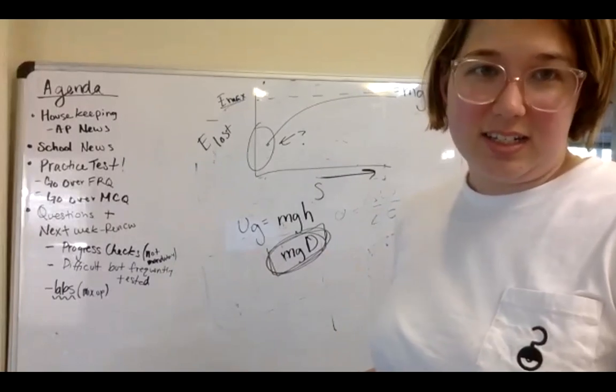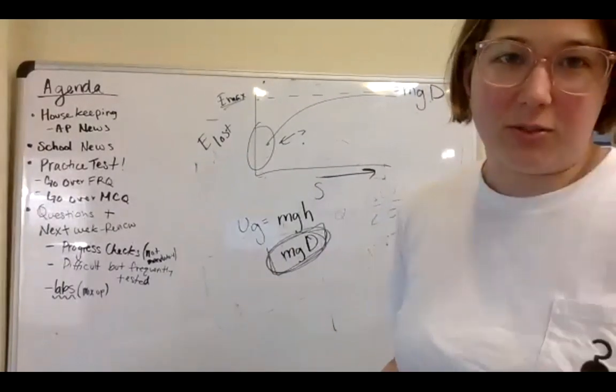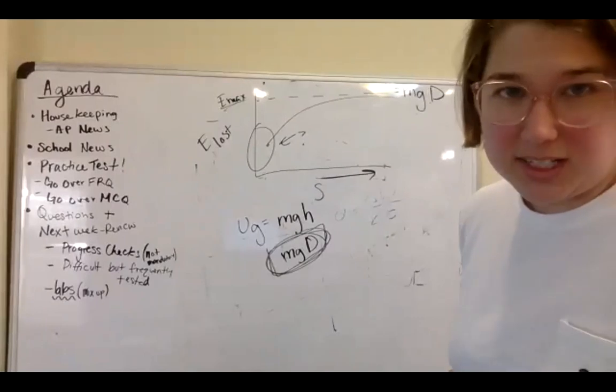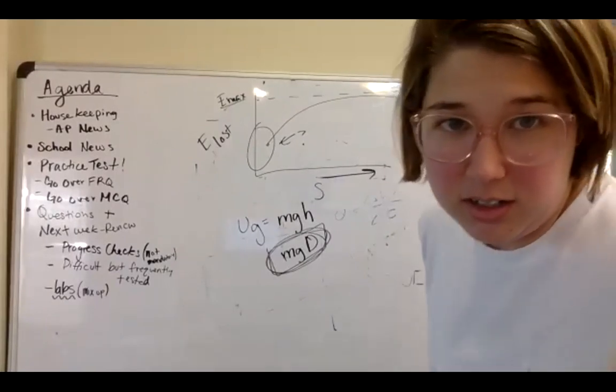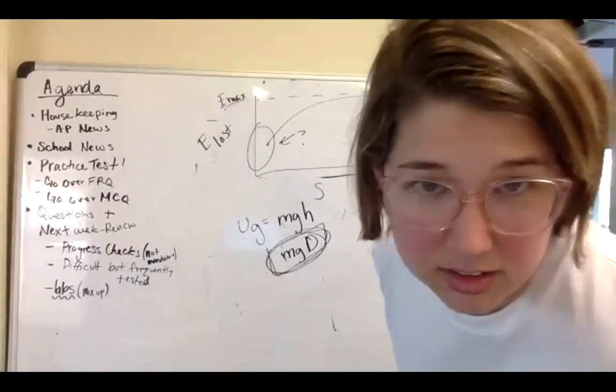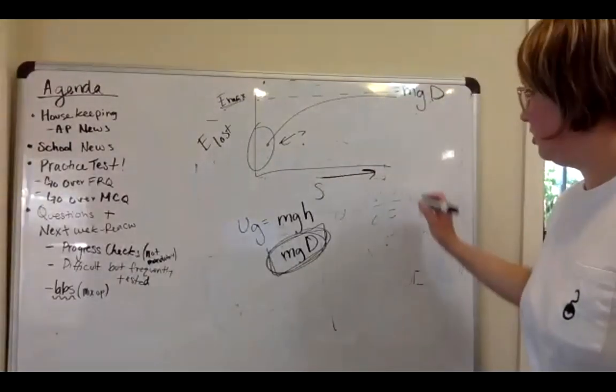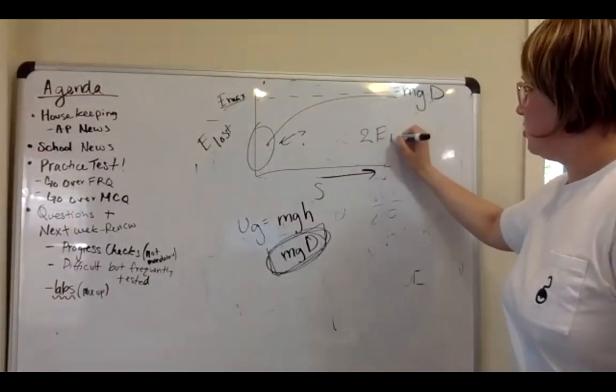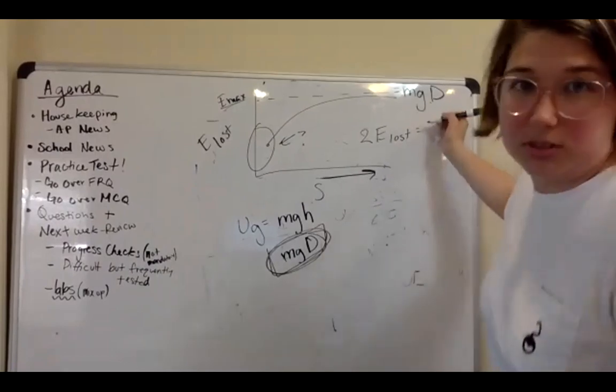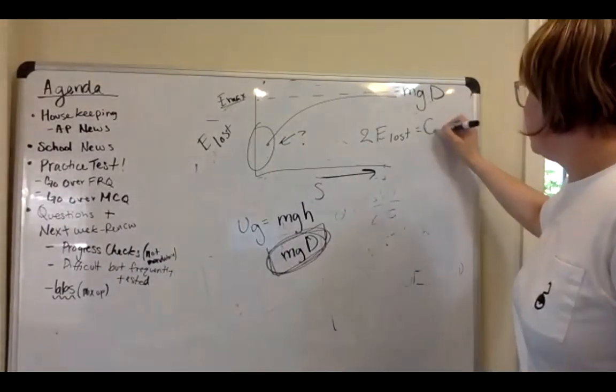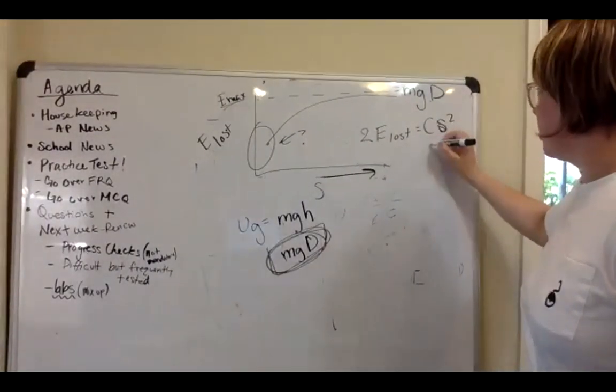C: one of the scientists is trying to represent the relationship and writes down the equation: energy we lost equals some constant.